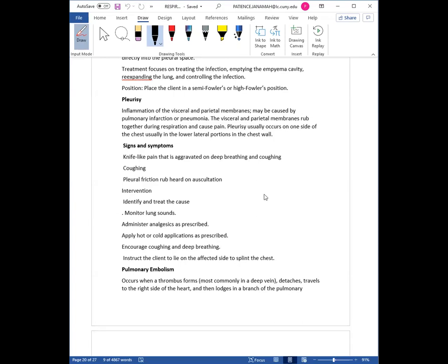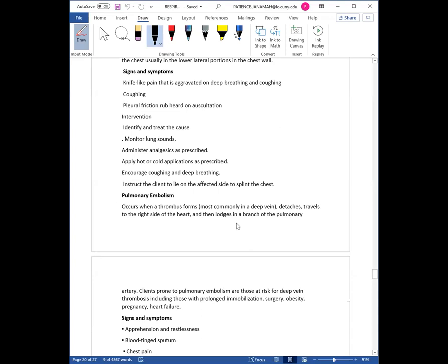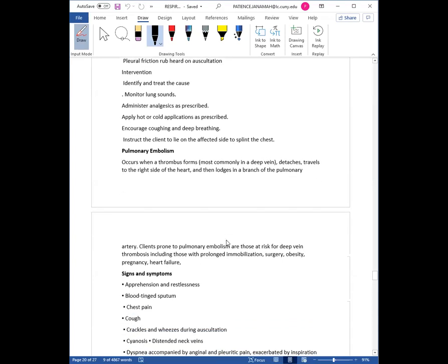Pulmonary embolism. Now mind you, all the treatment for the respiratory system has a general approach, like I was saying for the abdominal problems. When they give you a patient with a respiratory problem, start thinking of all the respiratory complications that can occur. Start thinking of shortness of breath.